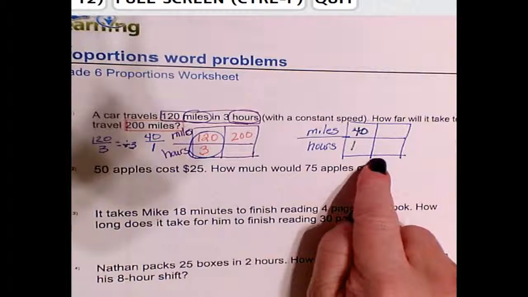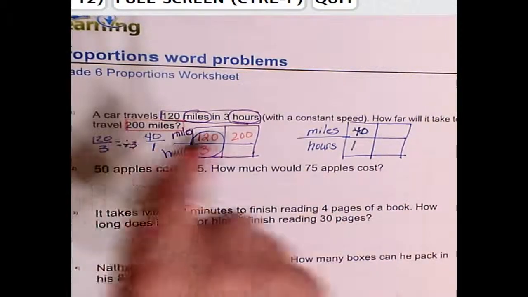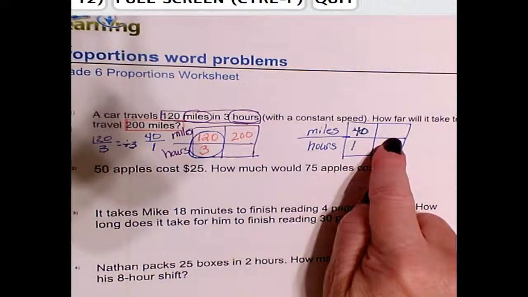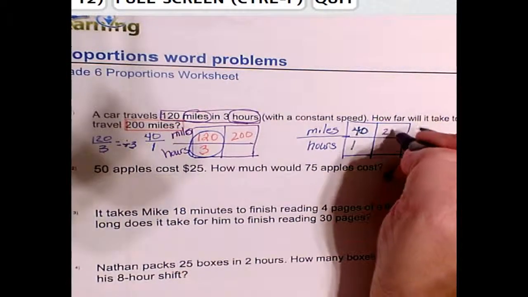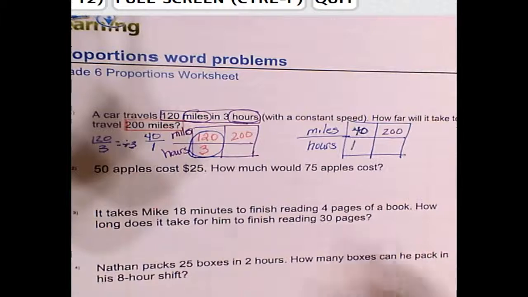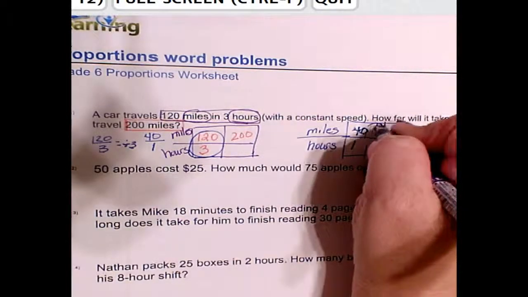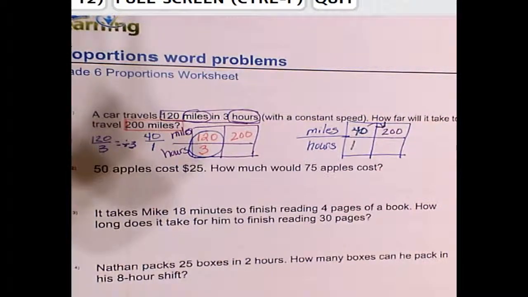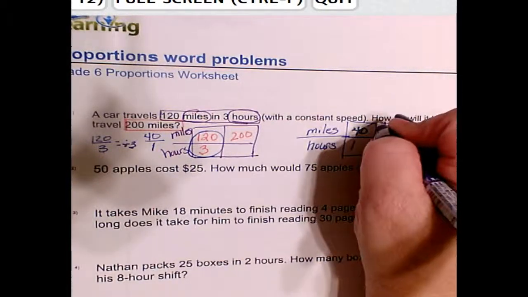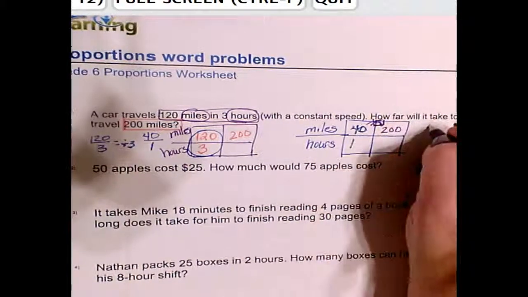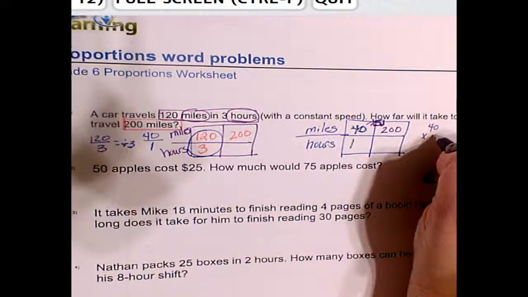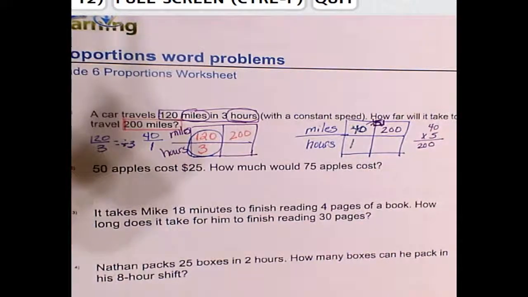Now we can fill in our other box to find 200 miles. 40 times what is 200? Times 5. 40 times 5 is 200.